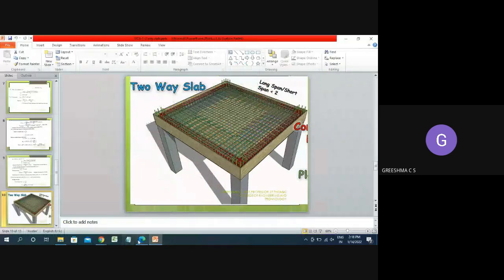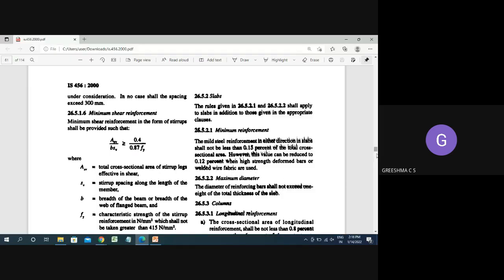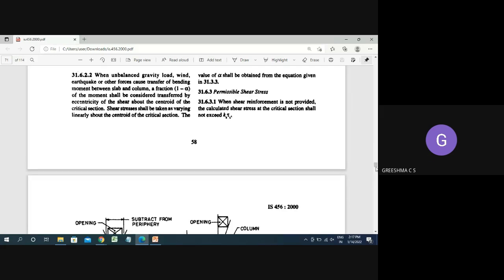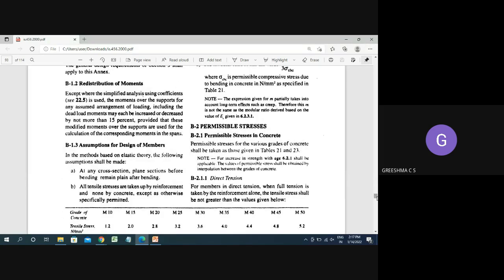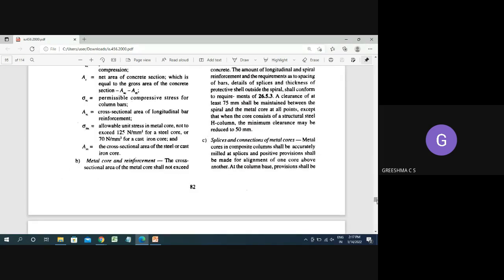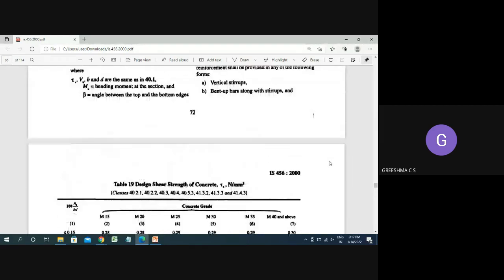Everyone take the IS code first. IS code page number 73. They are mentioning the shear. Okay, so they are mentioned. IS code page number 72 has our equations.